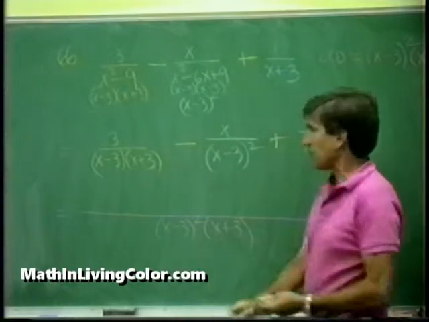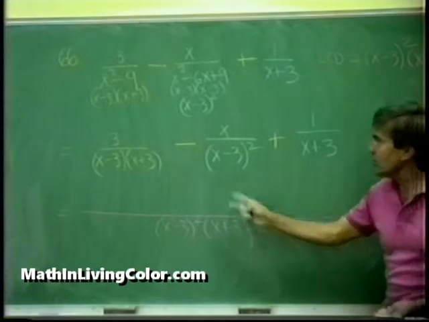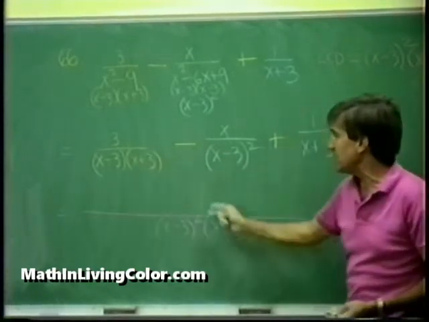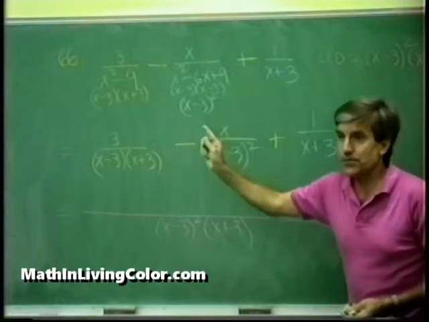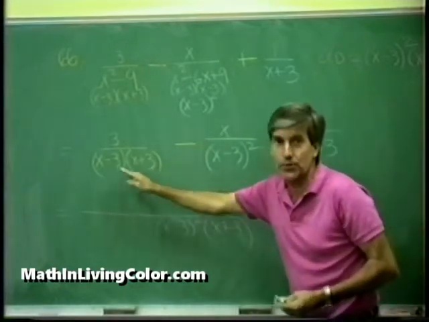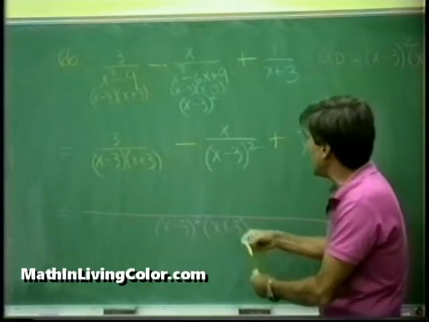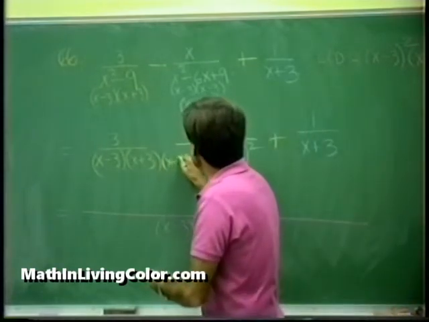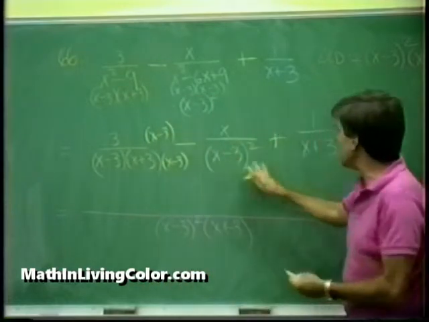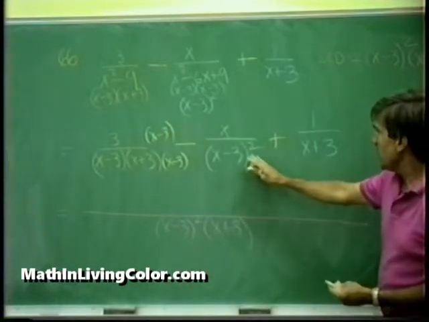Is that right? Now, compare the first denominator to the common denominator. Do you see something missing? X minus 3. We need an extra x minus 3, don't we? We've only got one x minus 3. We need another one. So we'll have to multiply this one by x minus 3 over x minus 3. What about the second one? Is anything missing down here? X plus 3.